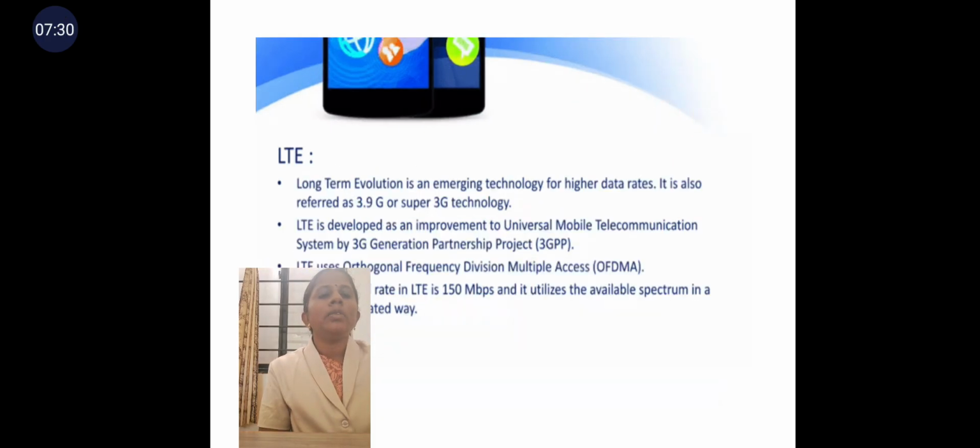LTE is the long term evolution. It's an emerging technology for high data speed, and it's referred to as 3.9 generation or super 3G technology. LTE is developed from the standard of UMTS, that is Universal Mobile Telecommunication Systems. The technique we follow is orthogonal frequency division multiple access, and the data rate is up to 150 megabits per second.